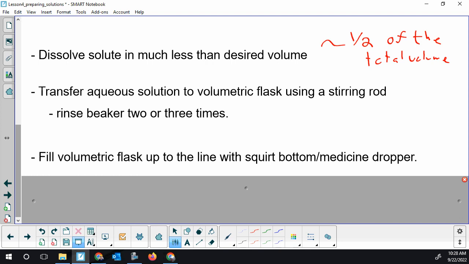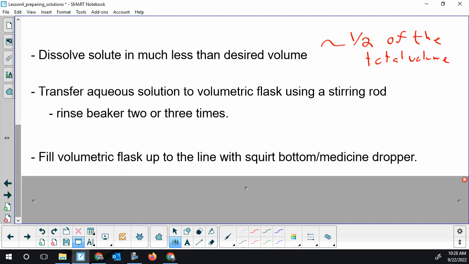So you've now transferred all of the solute out of your beaker. You dissolved it, you rinsed it 3 times, you're very confident everything's out, and now you're going to fill up your volumetric flask with whatever amount of water you need to get it up to that line. You'd want to pour most of the volume you want fairly quickly, but you're going to want to use a medicine dropper to get those last few drops in.